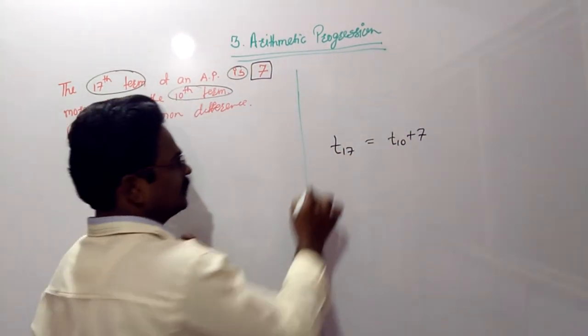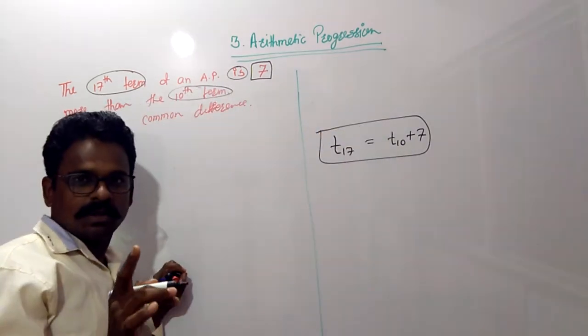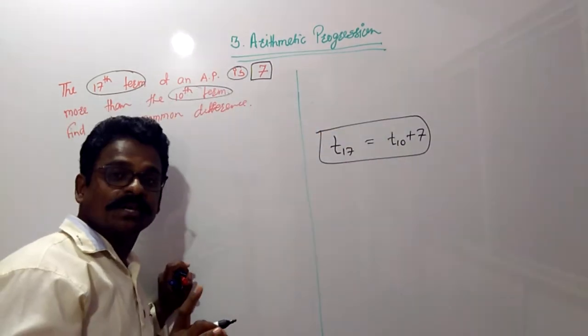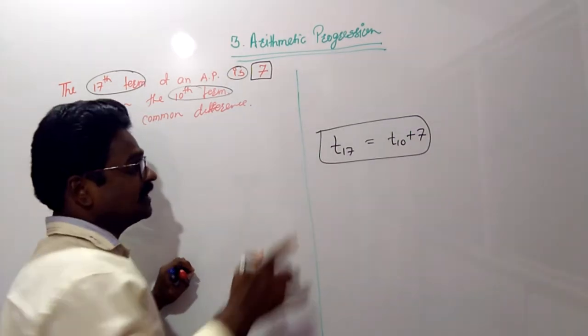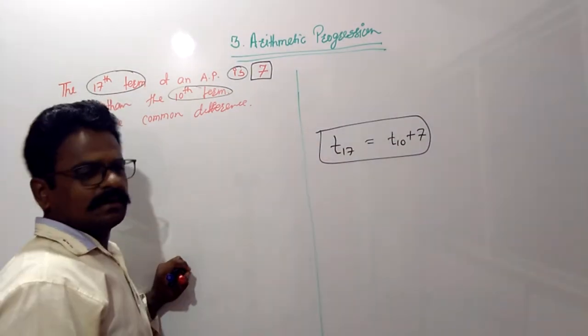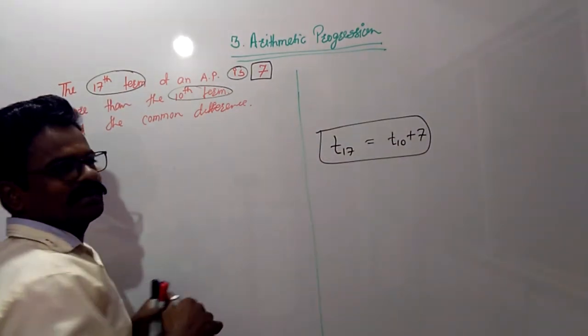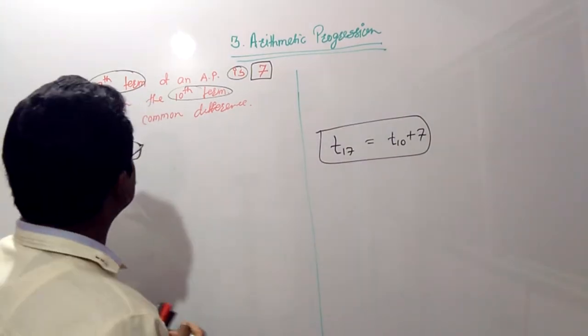This is a very important interpretation. Without this interpretation, your problem will not be solved. Once you get this one, then the problem is very easy. Okay, let's check out.